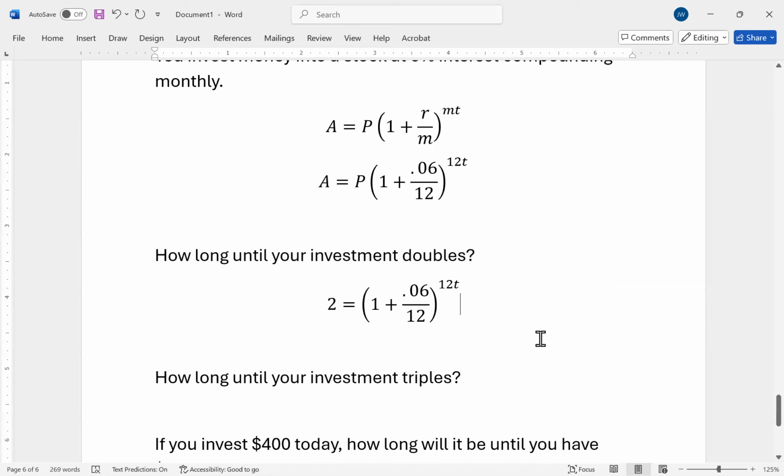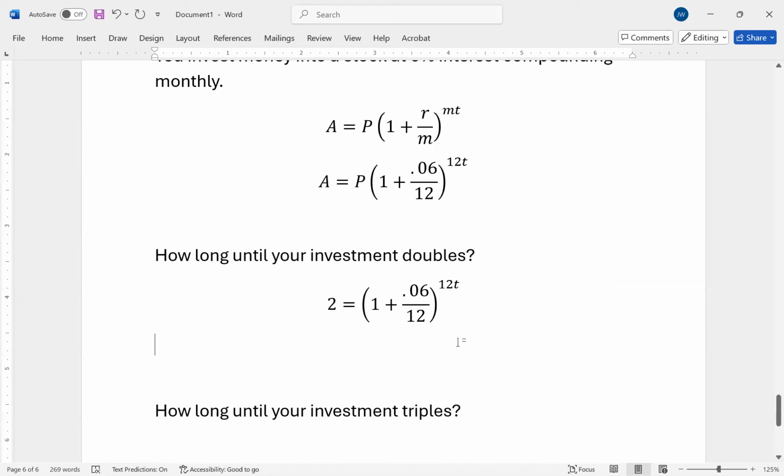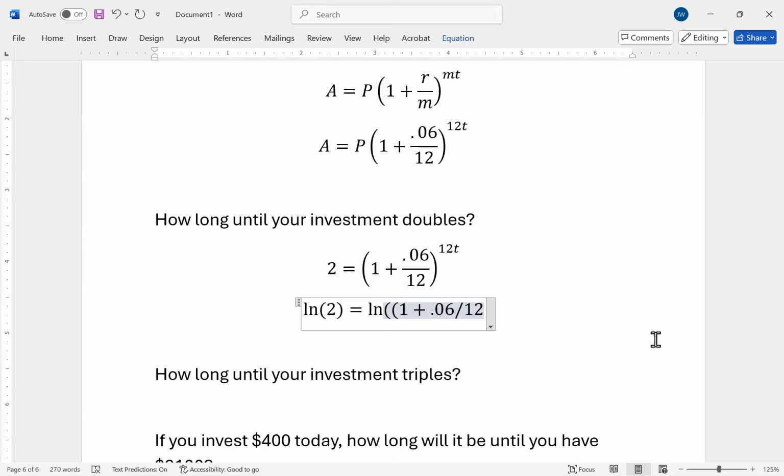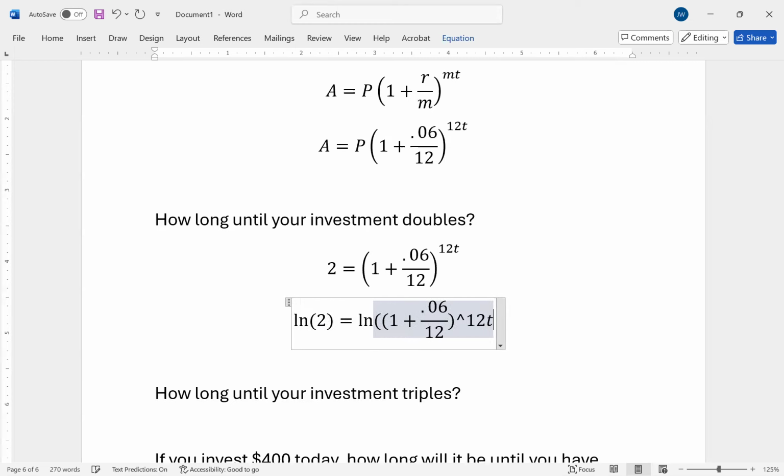Now, just like always, we can solve this one of 2 ways. I think I'll solve this one way and then the tripling one another way. So I'll apply natural log to both sides here. Take natural log of 2 is equal to natural log of 1 plus 0.06 over 12, all raised to the 12t.